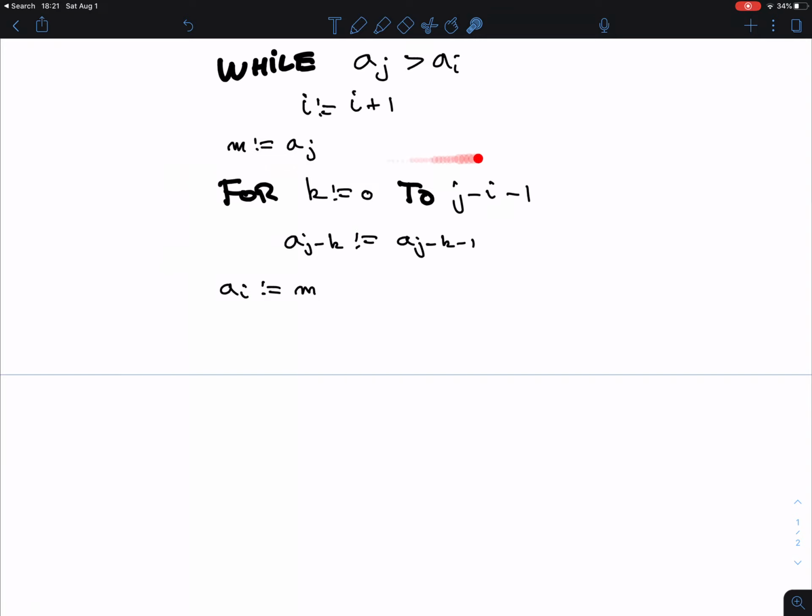And then this part, what does this do? It shifts all the elements that are behind it. It shifts them all up, so that I have a spot to put this element in there.